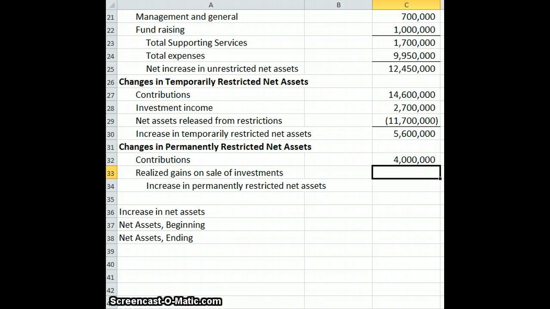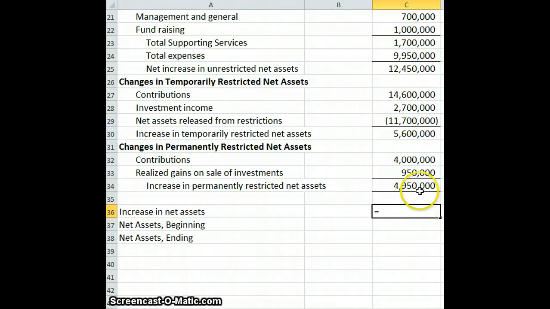Our realized gain on those investments was $950,000. This is a restricted gain on the sale of investments of the permanent endowments, so we are going to keep that in our restricted area. Our total increase in permanently restricted assets is $4,950,000.